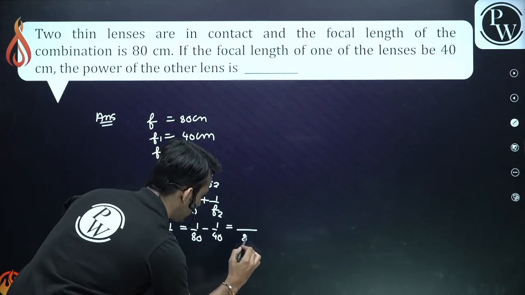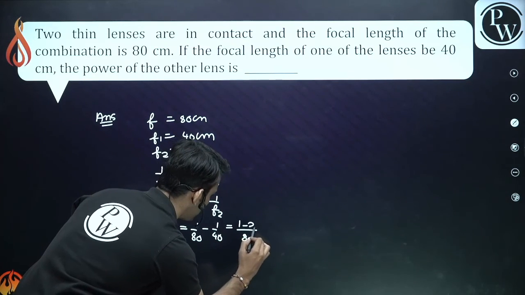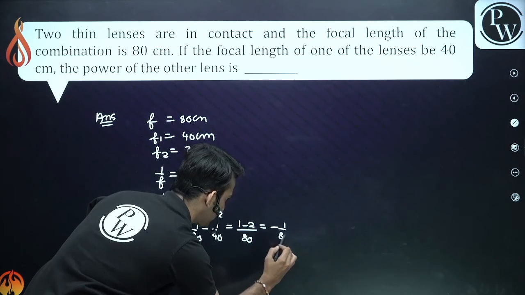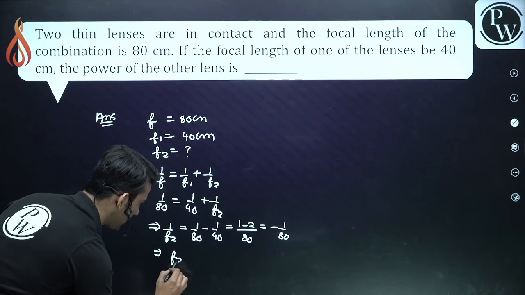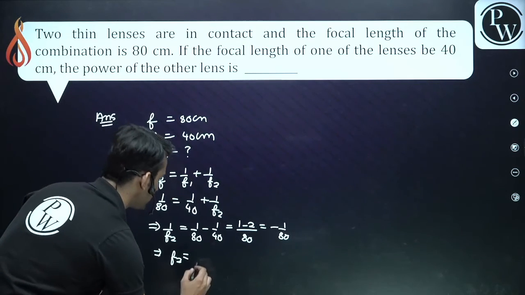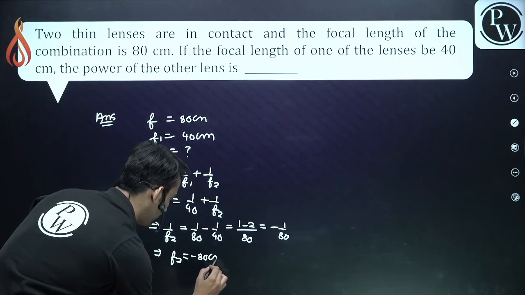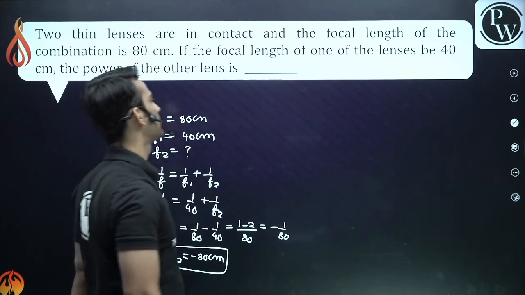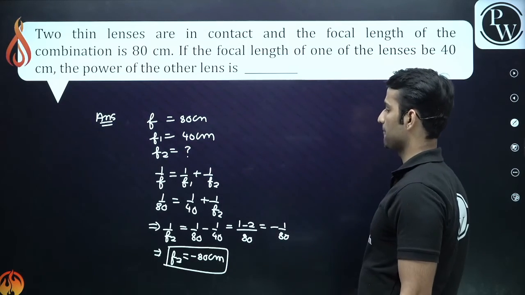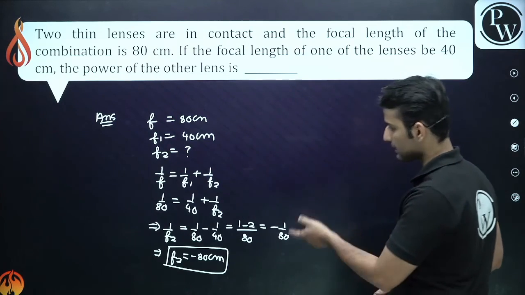This will be (1 minus 2) by 80, so minus 1 upon 80. So this is 1 by F2, guys. So F2 would be minus 80 centimeter. This is the focal length of the other lens. Minus 80 centimeter. Clear?